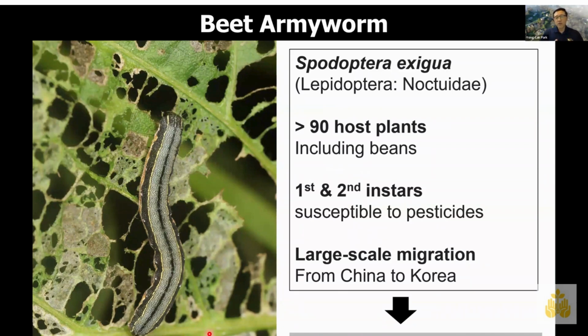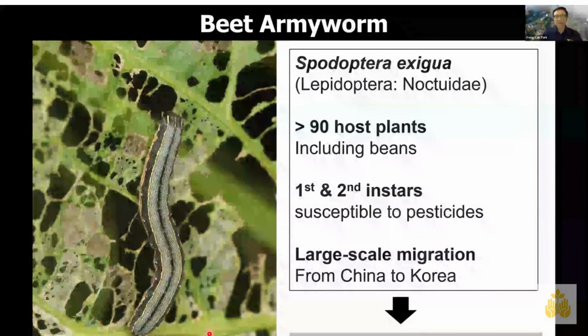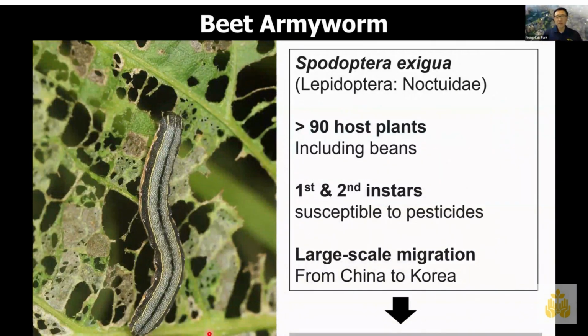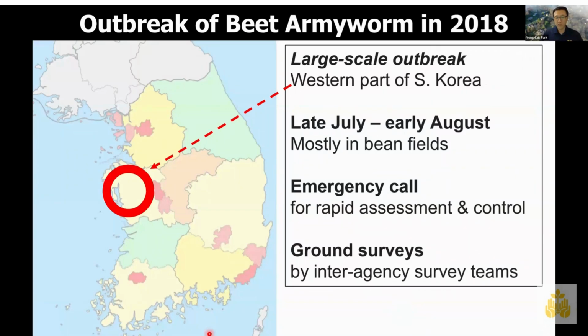The damage was so extensive that the South Korean government made an emergency corps for rapid assessment and control. Otherwise, the bean growers, especially in the western part of South Korea, would have a big problem. They had an interagency survey team for ground survey.